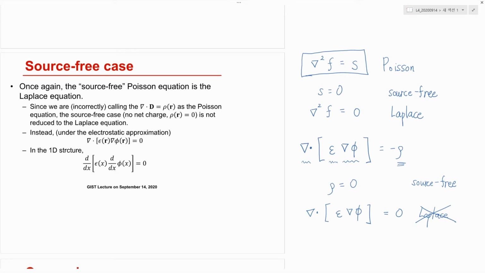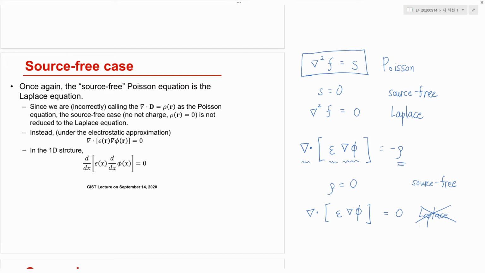Somebody can ask me a question: why do we bother about the Poisson equation, the generalized Poisson equation? Can we cast our problem into the ordinary Poisson equation? The answer is not that simple, because we have different permittivity for different materials.